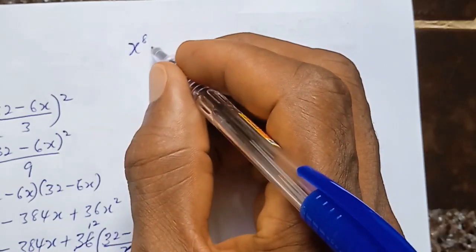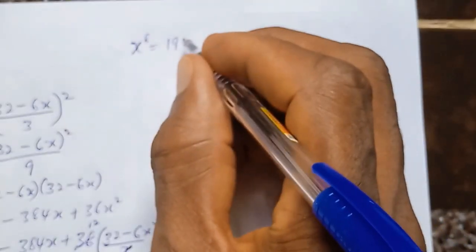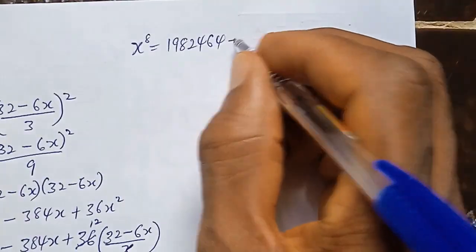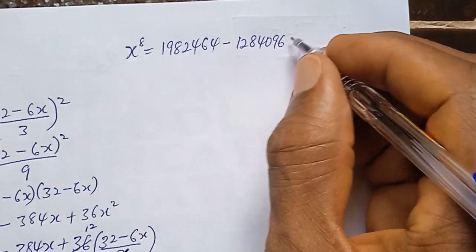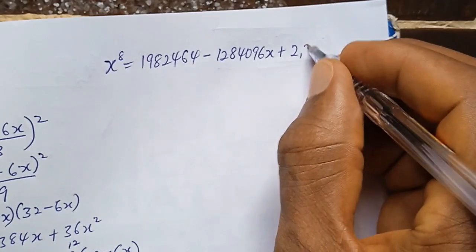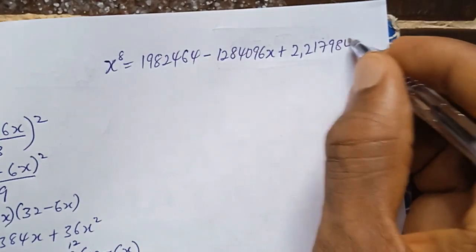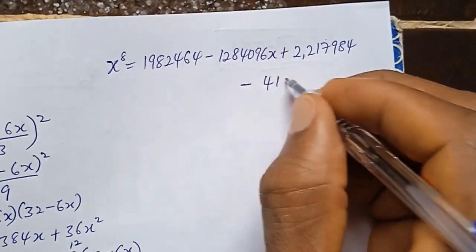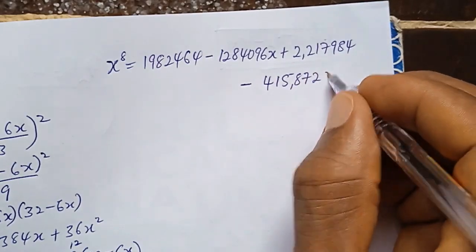x raised to power 8 will now be equal to 9198246 4 minus 1284096x plus 2,217,984, then minus 415,872x.